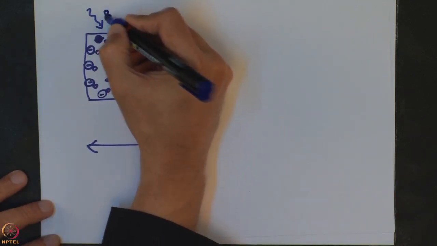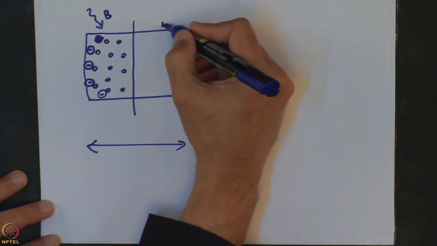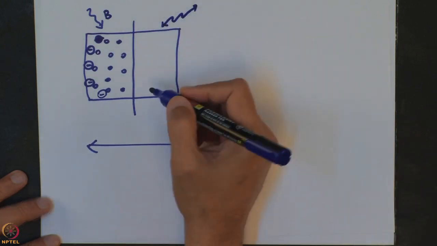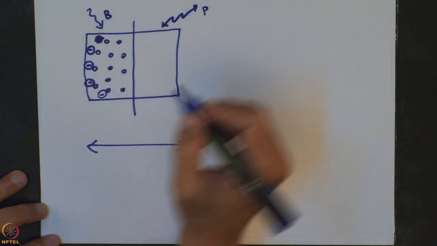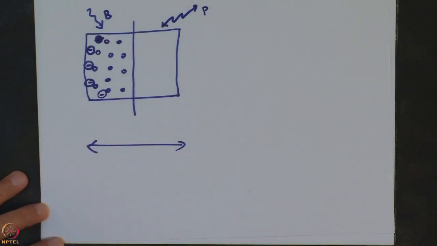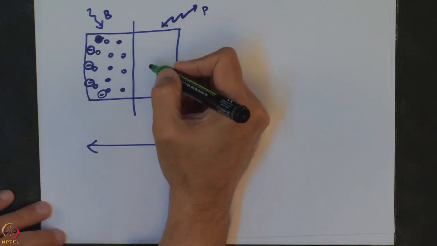So, this is let us say boron, and on this side we bombard with phosphorus atoms, and this gives rise to, as we know, the donor atoms.